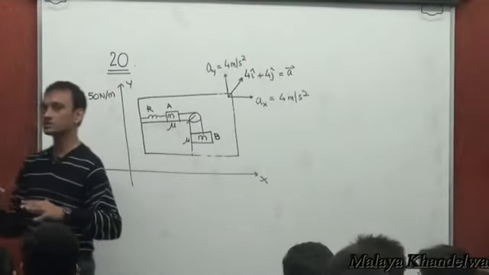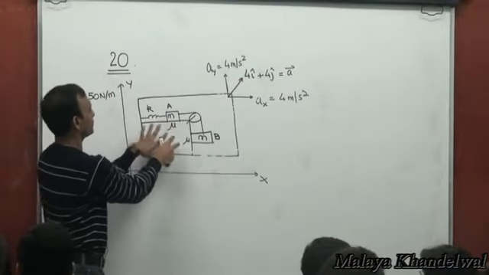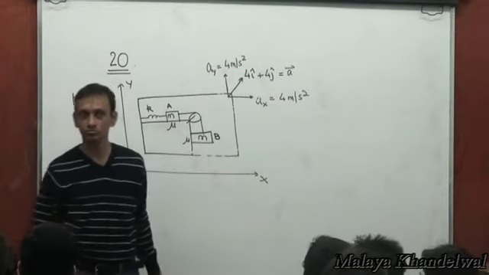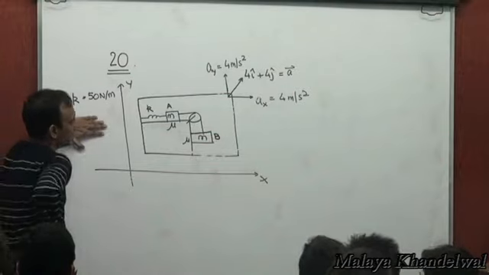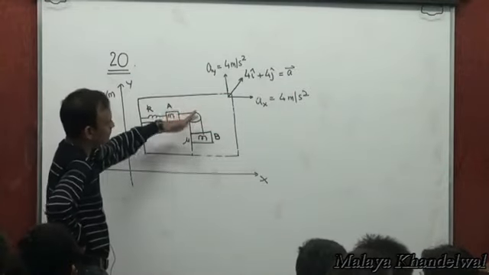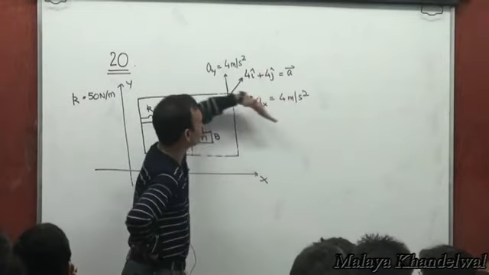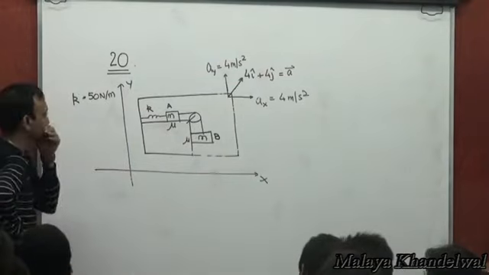So we have this system, this framework in which a block with masses, springs, and pulleys is connected as shown, and this framework has an acceleration of 4 meters per second squared in the x direction and a vertical acceleration of 4 meters per second squared.